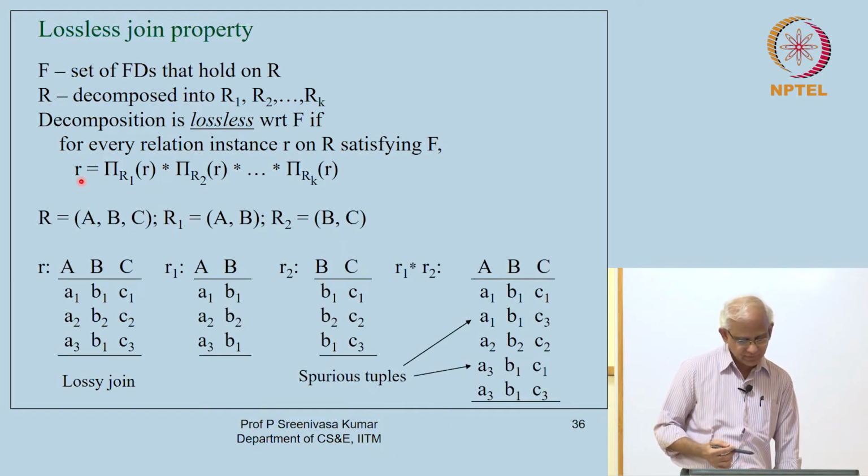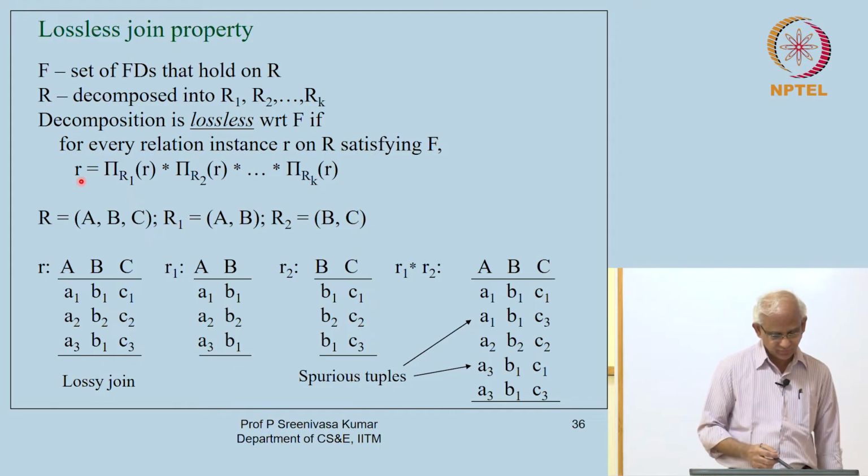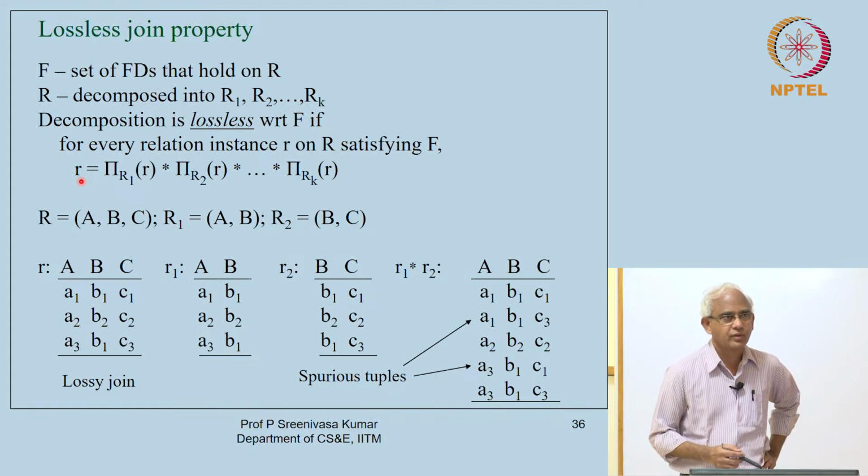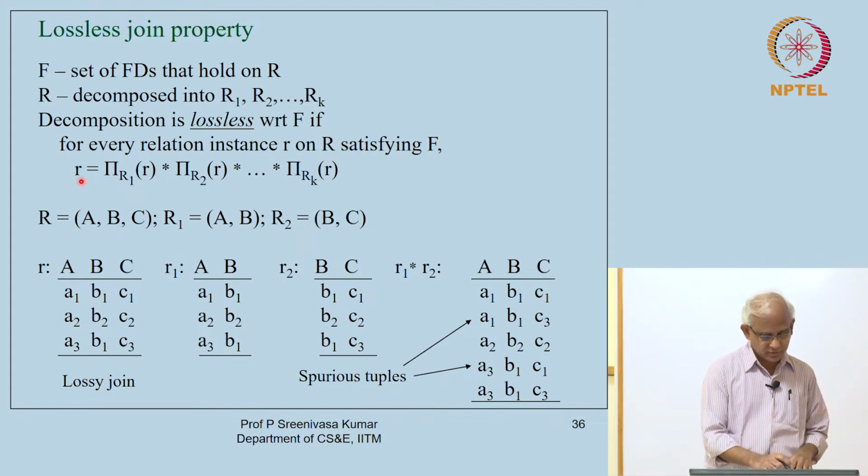Okay, here is an example, just look at them. Focus on this example. We have ABC and we are decomposing it into AB and BC. Here is an instance A1, B1, C1 and all that. So I have taken them, projected them here and here.